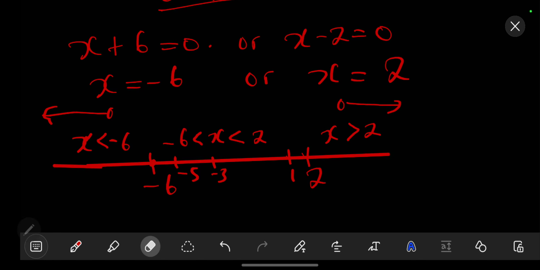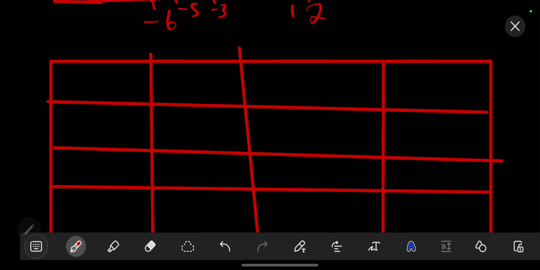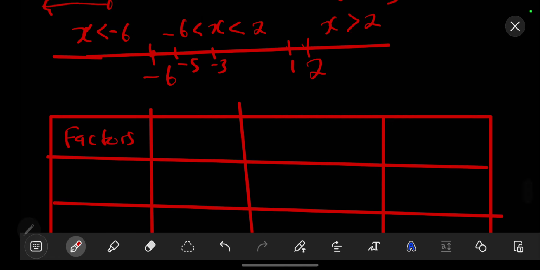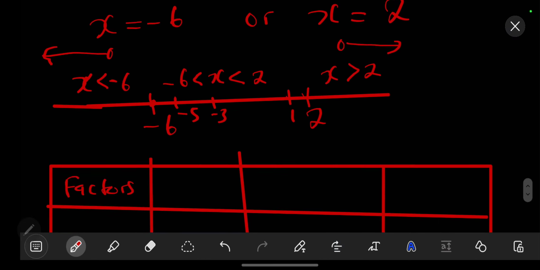After doing that, let's come up with a table. We have our factors, which are the values that we factorized, in this case x plus 6 and x minus 2.